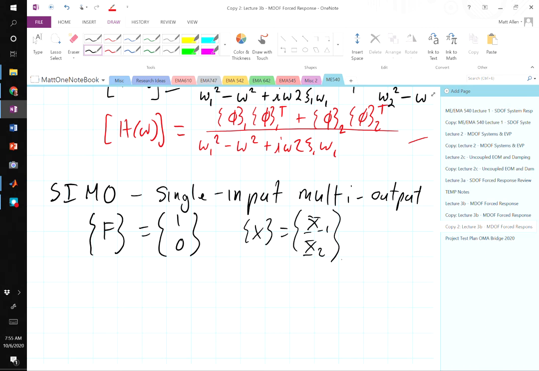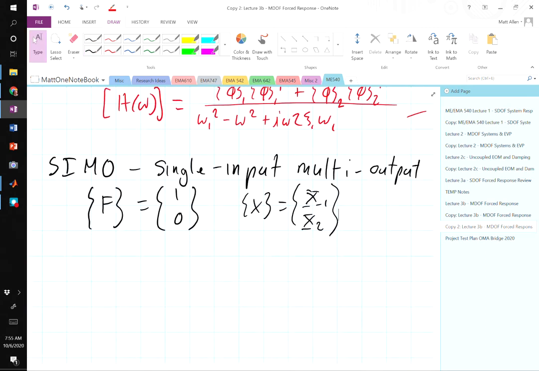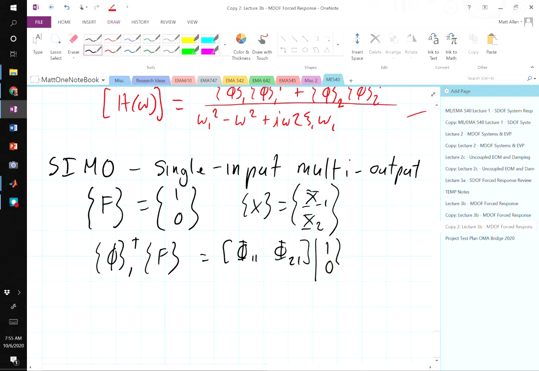So if we do that, remember that up in the numerator up there, we have this term phi1 transpose f. So if we do that multiplication, what we'll get is phi11, phi12, or phi21, this is the first mode, times 1, 0.